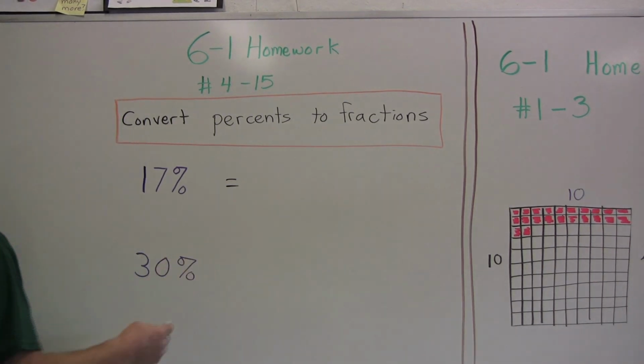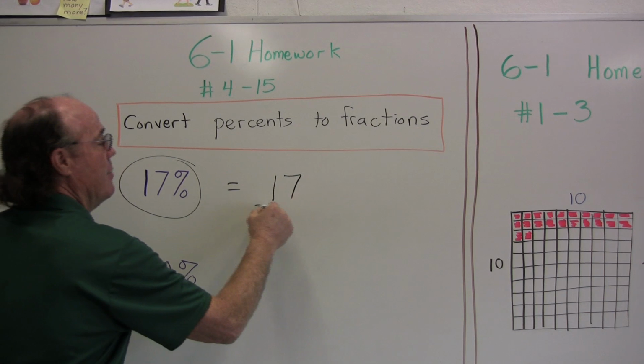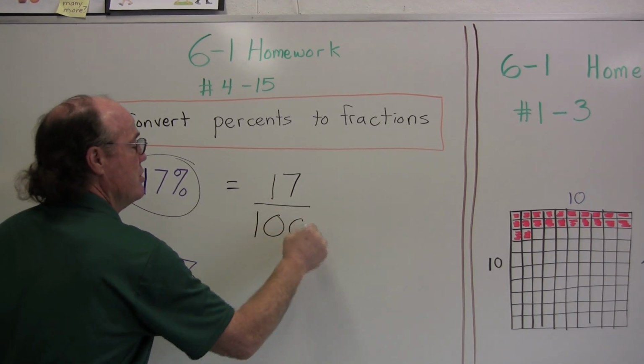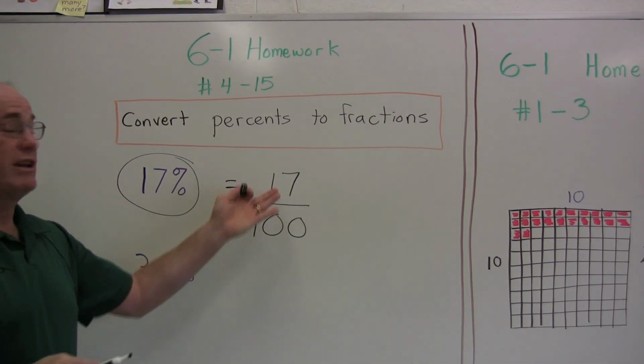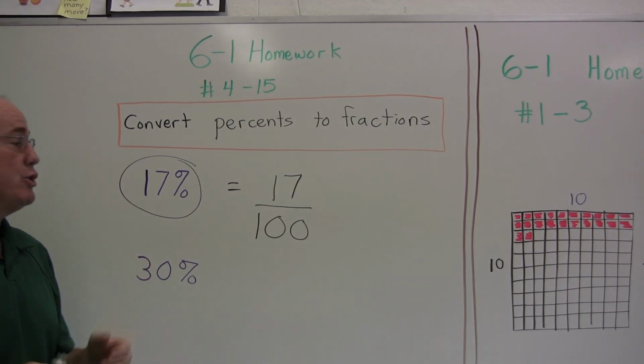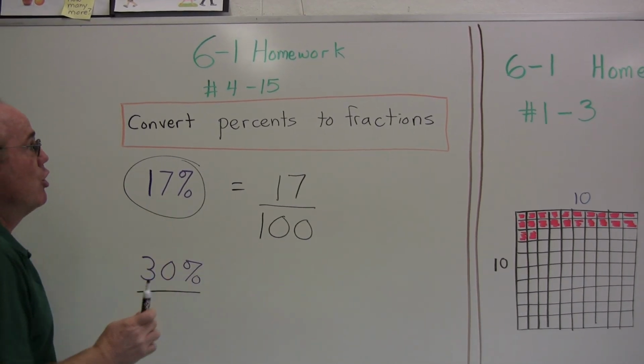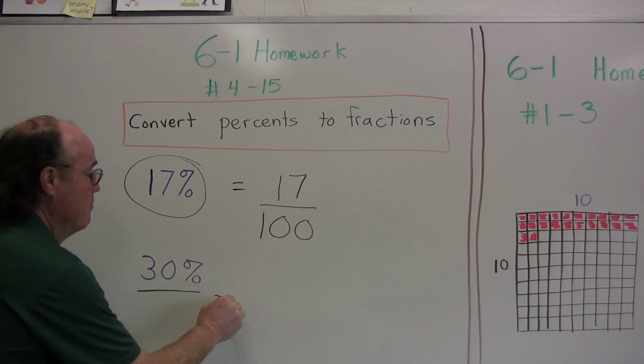This number is prime, and anytime it's prime, you can't reduce the fraction anymore. So there it is, 17 over 100. Okay, that's fully reduced.